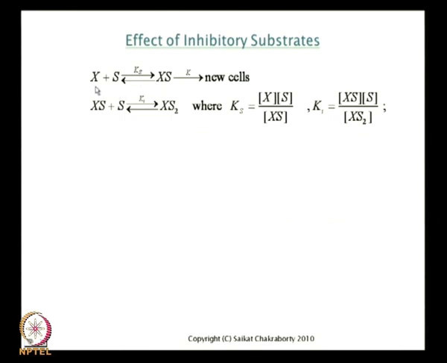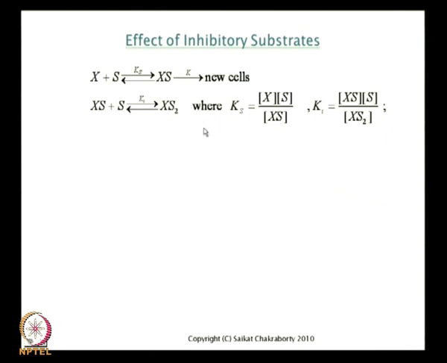In there also we had X plus S giving XS, which in the earlier case gave products, but in this case our product is the new cells. So, X plus S giving XS gives new cells, and this is the inhibition. X plus S, more substrate if that's present over there, instead of giving new cells, gives this complex XS2, which does not lead to product formation.